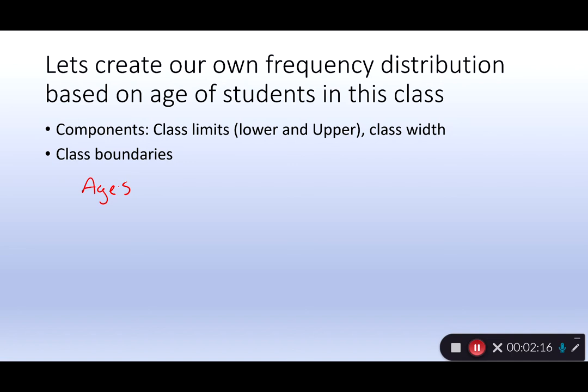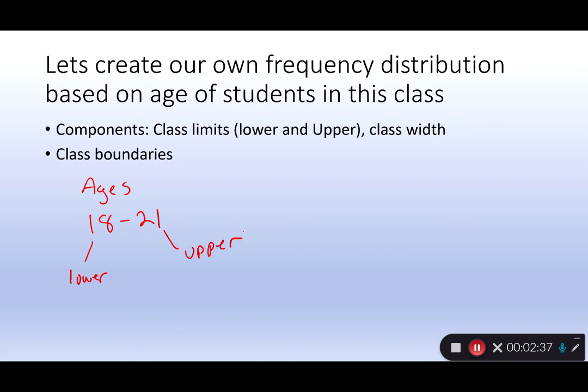Our first class might be 18 to 21 years old. The lower class limit would be the 18. The upper class limit would be the 21.